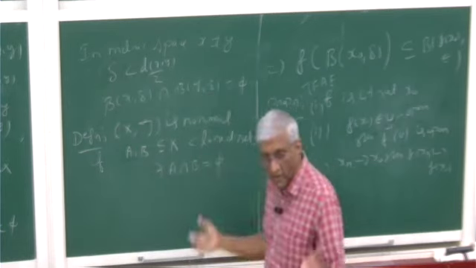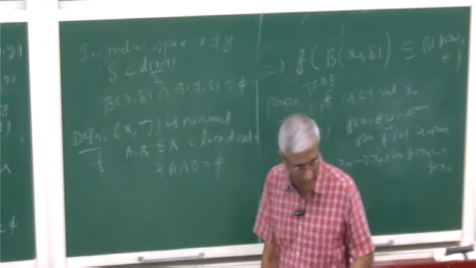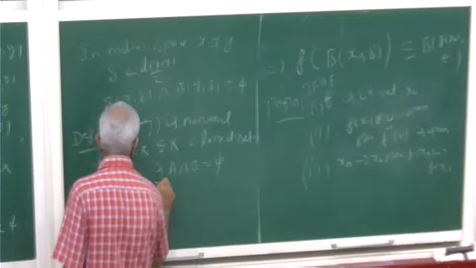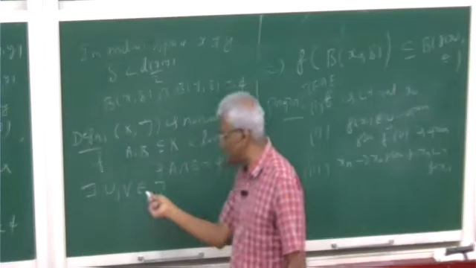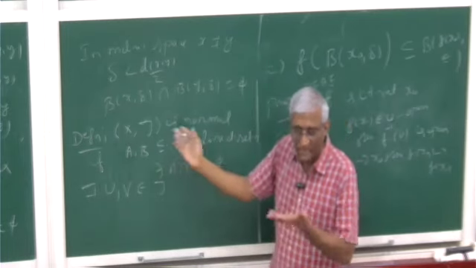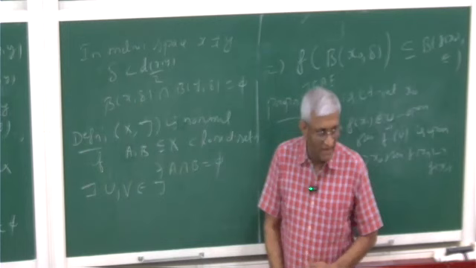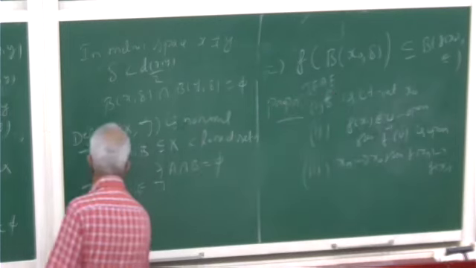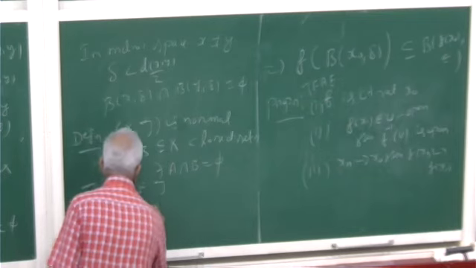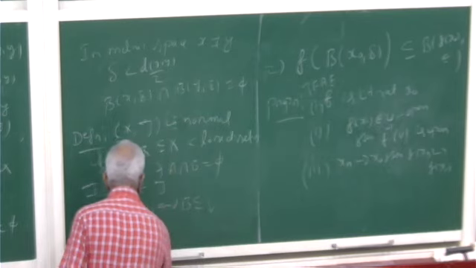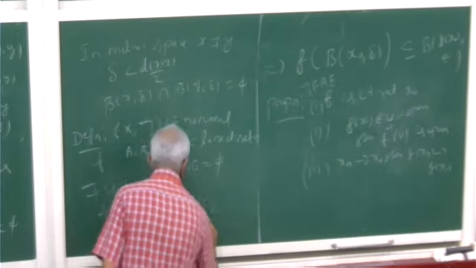We have two disjoint closed sets in a topological space. Then there exist U, V open sets. In the topological space, it means open with respect to the topology; it need not be a metric space. It is just a collection of sets which satisfy some axioms. Such that A contains U and B contains V and U intersection V is empty.